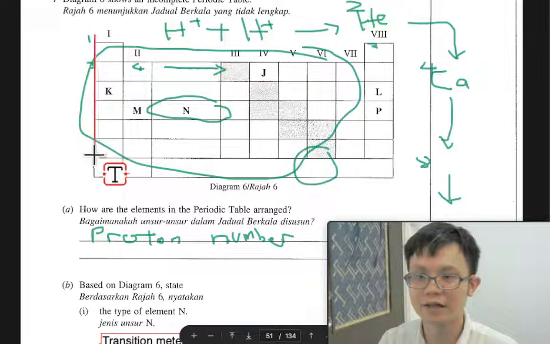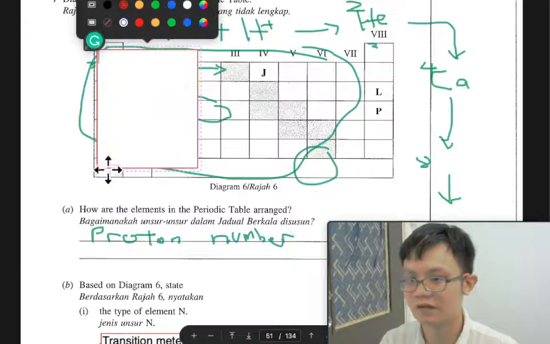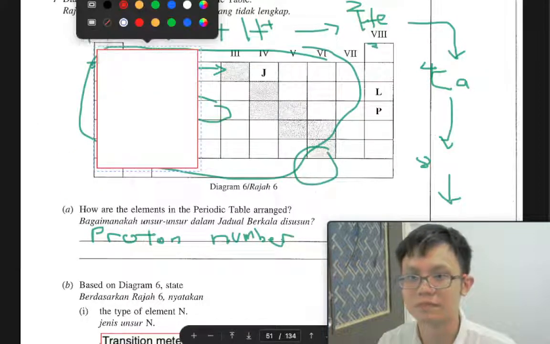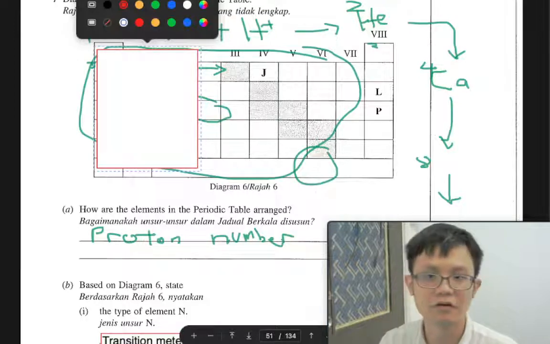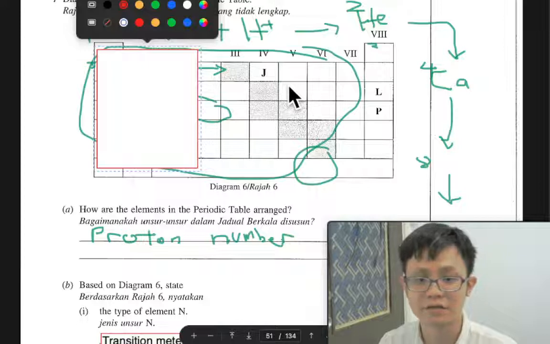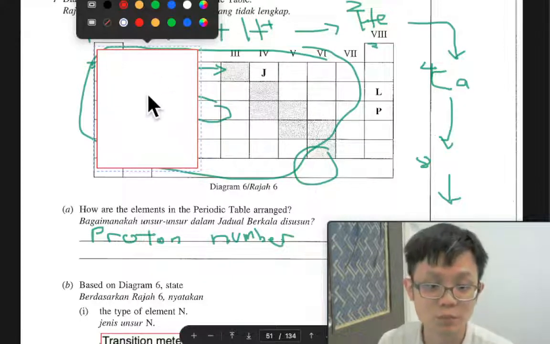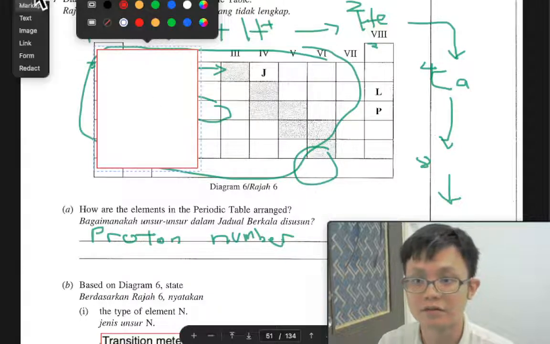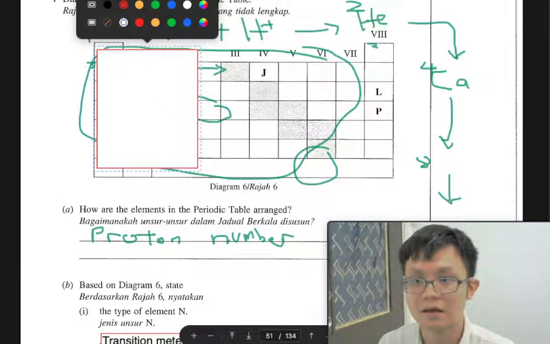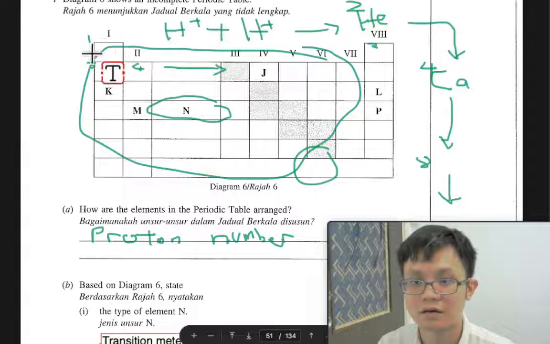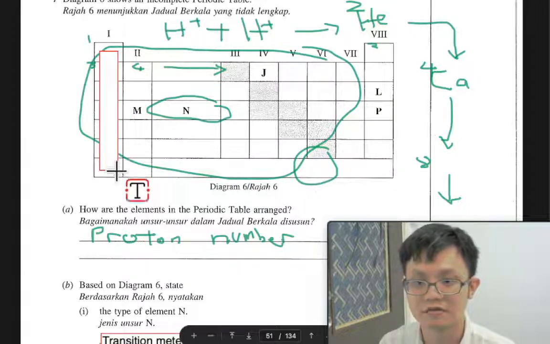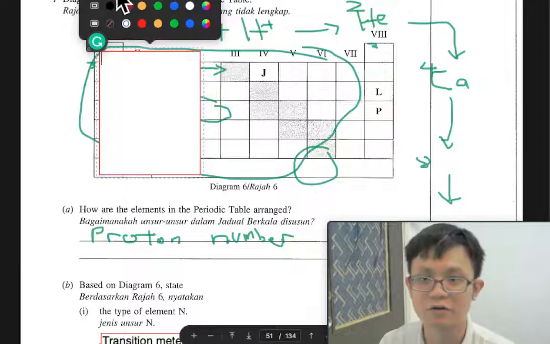Group 1 and group 2, what are they? What metal? You go and find for me. One is hydrogen. I'm asking about the group. Group 1, what is another name for group 1?